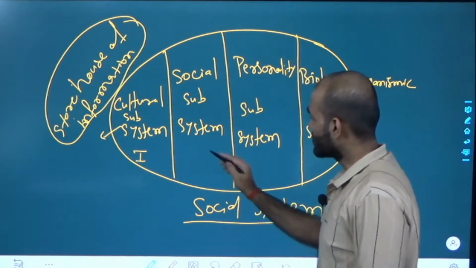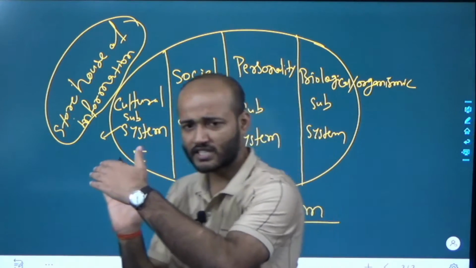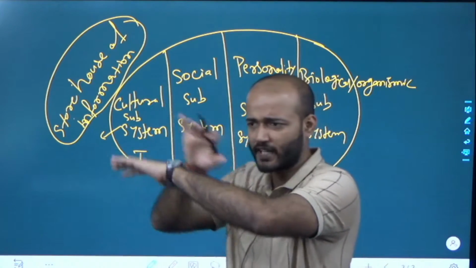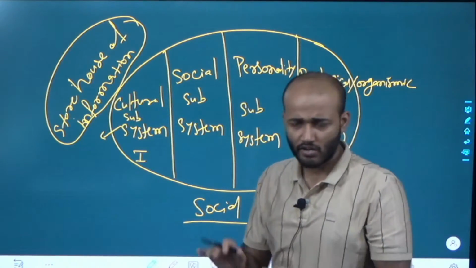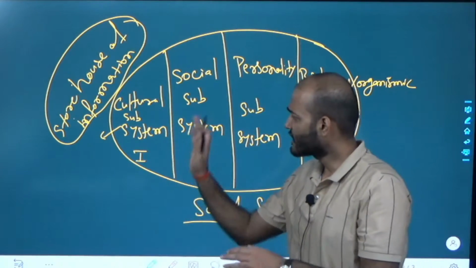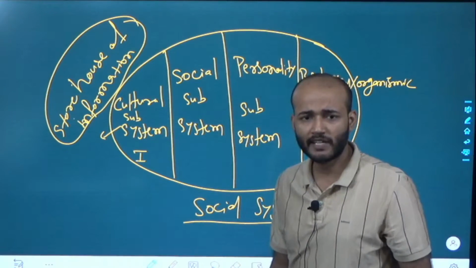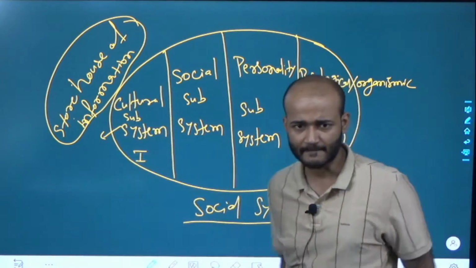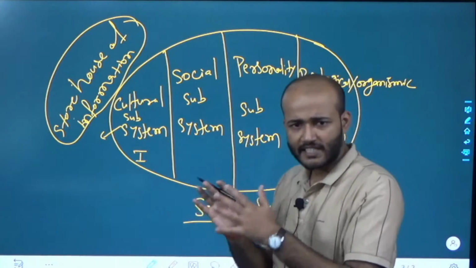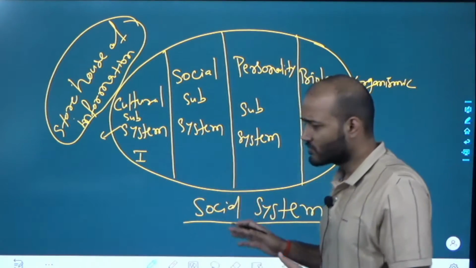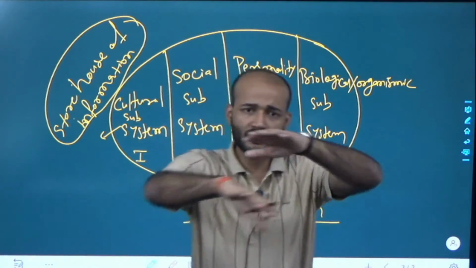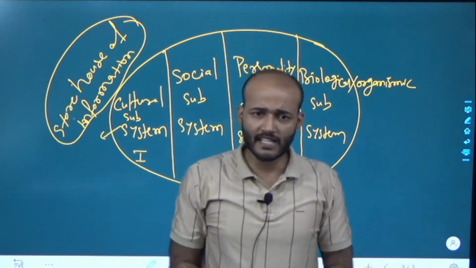Now think about one of the structures he created, the cultural subsystem. For the sustenance of functioning of any social system or society, culture becomes one of the important factors, an important structure. Apart from culture, he found certain sub-social systems.